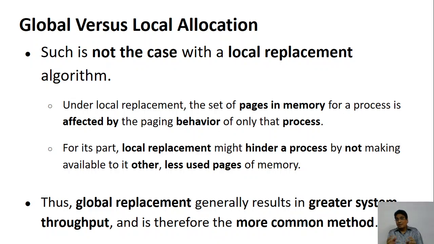So in a given amount of time, more processes can be completed in a global allocation. That is why global allocation has a higher throughput. And in any system, we need a higher throughput. We want more programs, more processes to be completed in a given amount of time. That's why we are using computers. So naturally, a global allocation is considered.